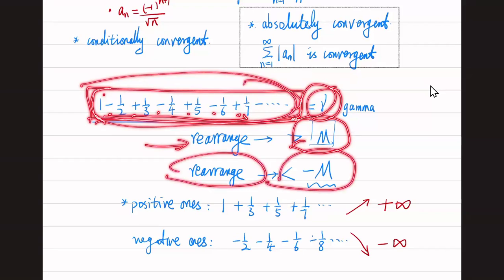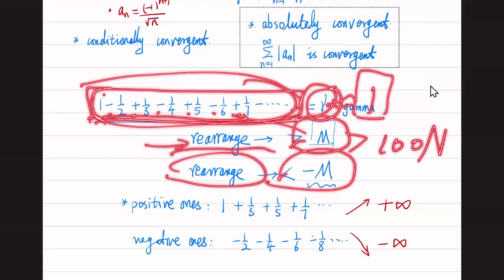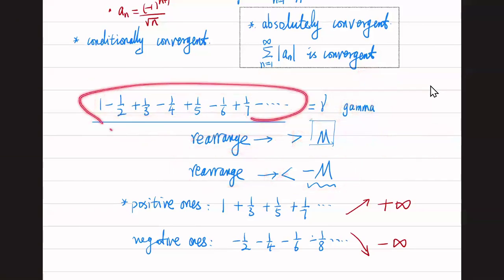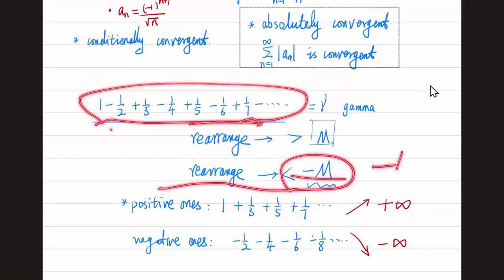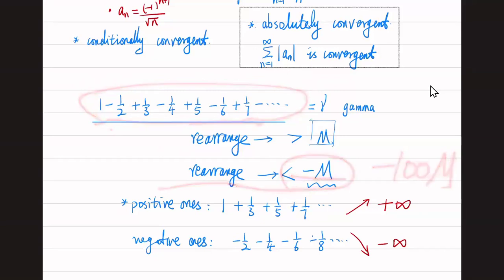So maybe it's about 1. I can make it go to bigger than 100. I can make it go to 100 million. Another one can rearrange the order so that it is less than negative 100 million. How is this possible? It's the same numbers.